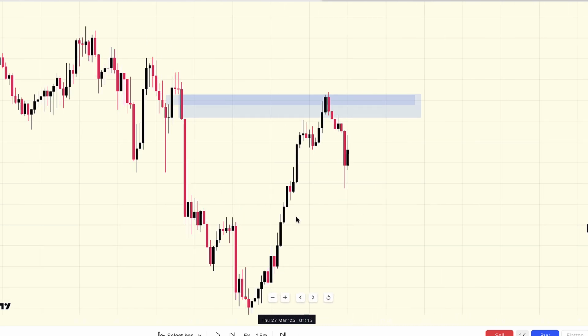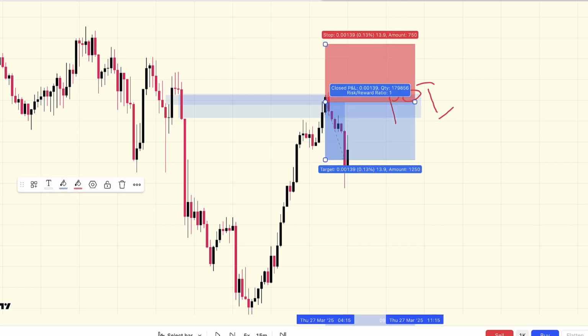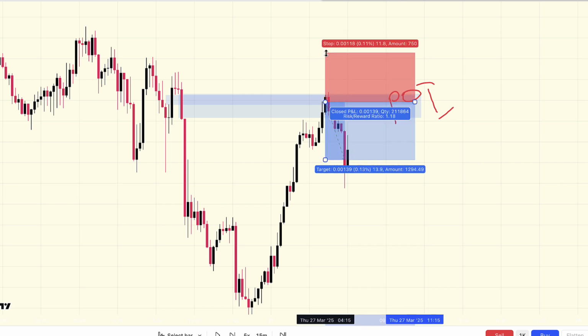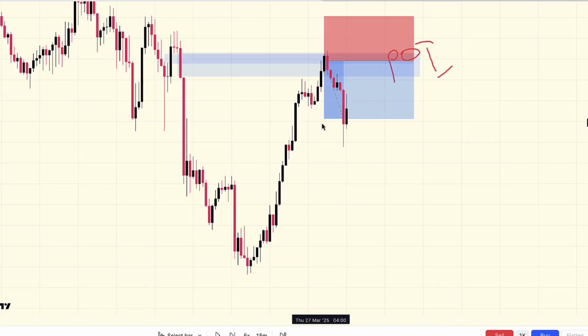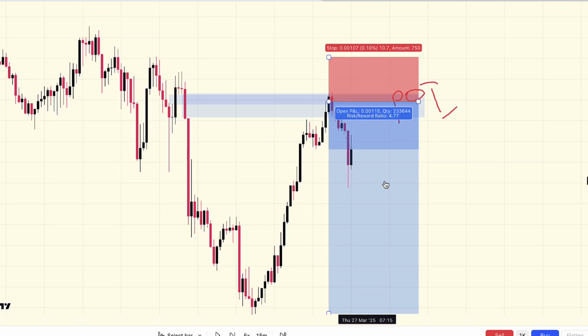Now price came into this area, which is our point of interest, where we want to take our trade. Some people will activate the trade the moment they see it from here. Some people will wait for a confirmation. No matter how you want to do it, the goal here is exit.